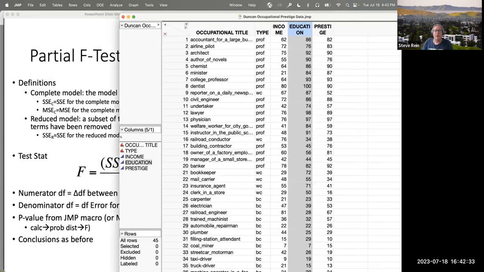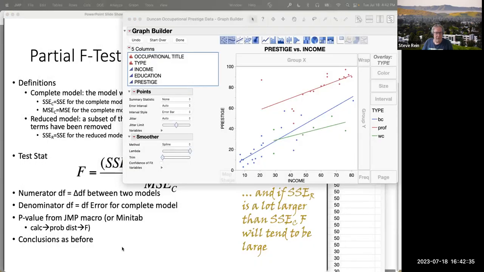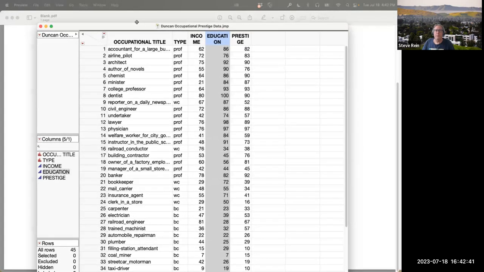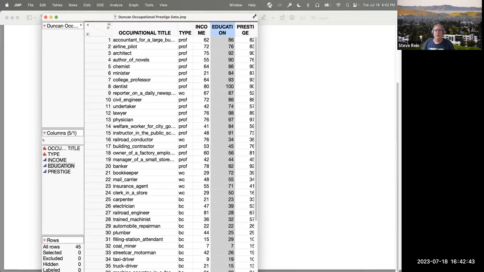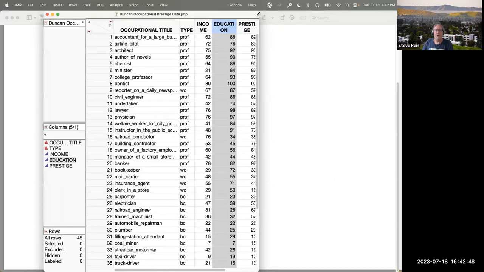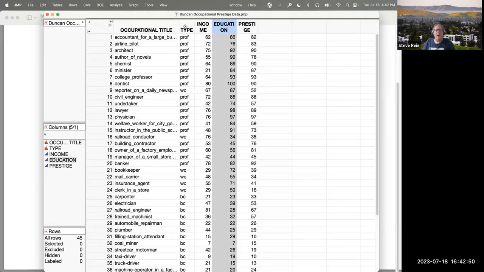So I want to make sure I still have the data lying around. I'll move it off to the side so that I can bring it back. So what we're going to do is fit two models. Again, let's take type of career, and I've highlighted the whole column.